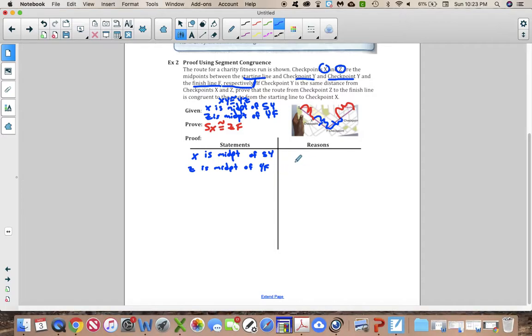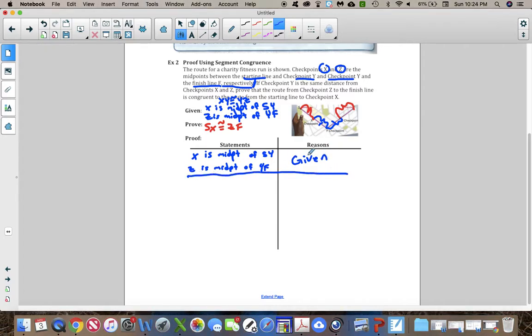That's given, and I'm not going to write down the other stuff yet, because we'll get to that. You don't necessarily have to write all of your given down to start with, but you do need to start with some portion of your given. So I can separate those out.